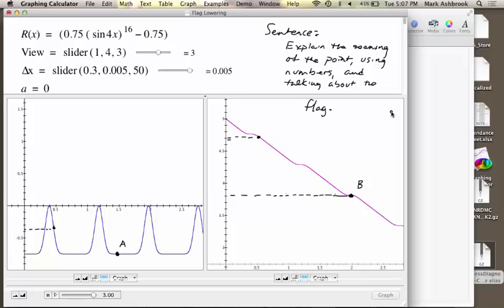Okay, here's the structure. Explain the meaning of the point using specific numbers and talking about the flag. You're going to do that twice, once for A, once for B. Okay. Good about that?